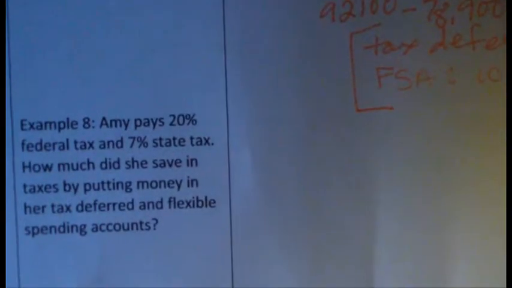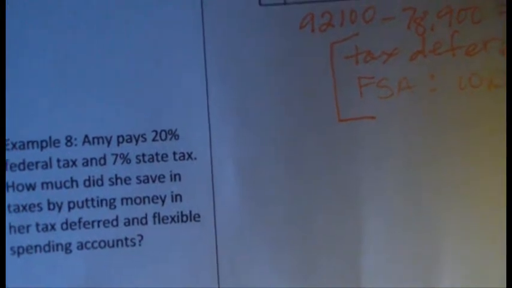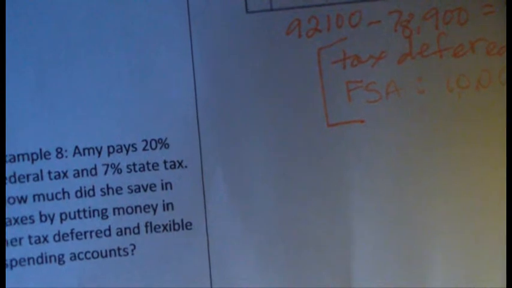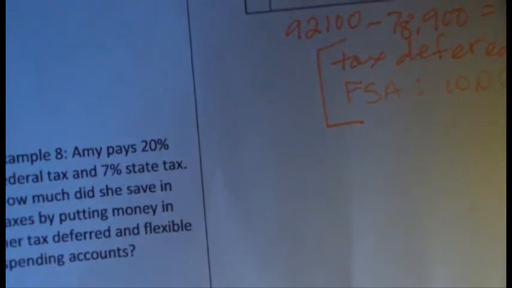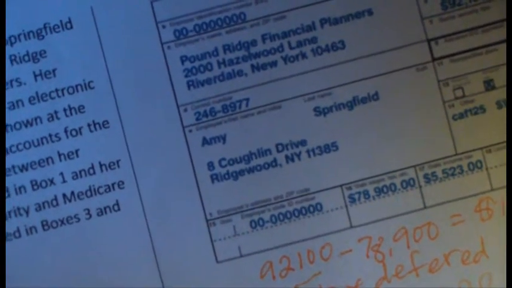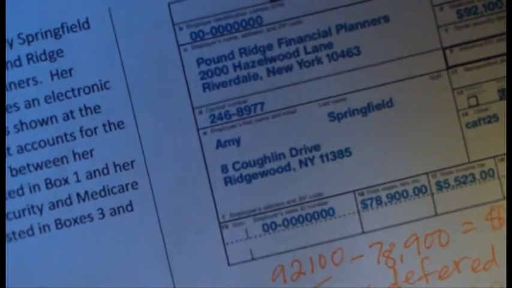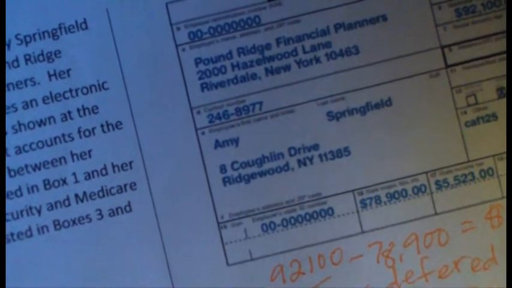Example 8. Amy pays 20% federal taxes and 7% state tax. How much did she save in taxes by putting money in her tax-deferred and flexible spending accounts? So, $13,200 she saved.